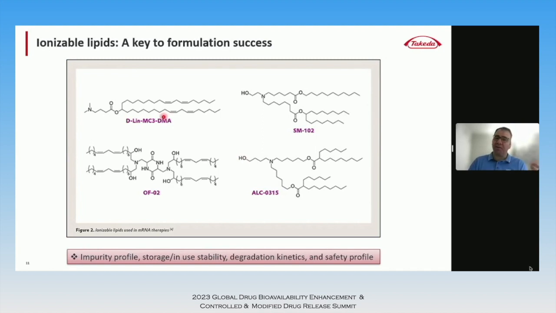MC3 is the first one approved. We have Moderna lipid and the Pfizer lipid used in the vaccine formulations. And one of the common features of these lipids, they're all, as you can see, biodegradable.